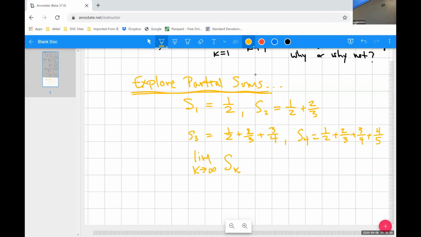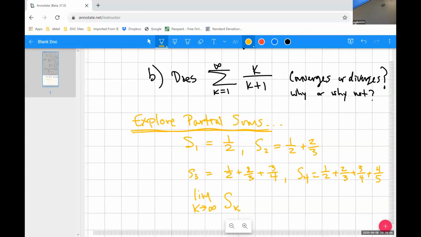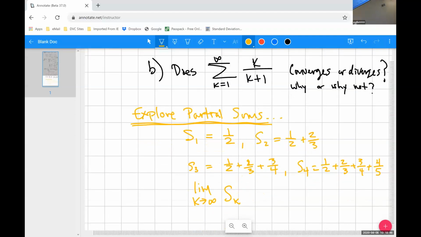And the very first one of those was the divergence test. Madison or Palm or anybody else want to chime in with how the divergence test would show us that this series diverges?